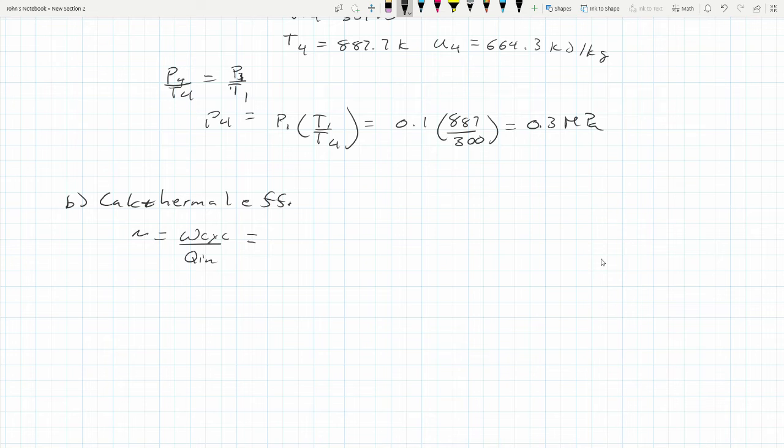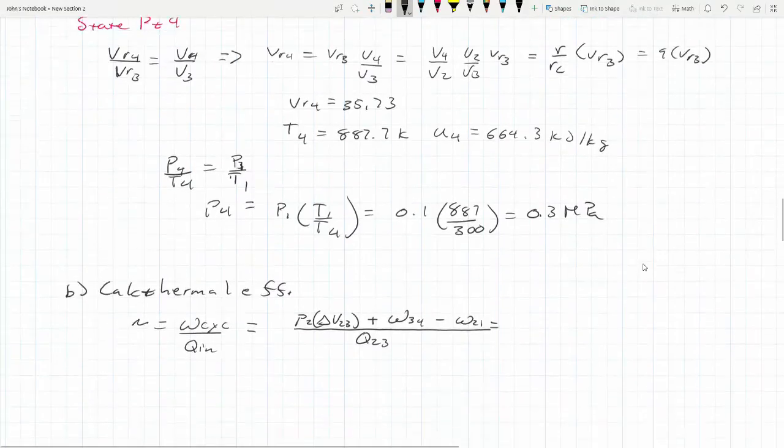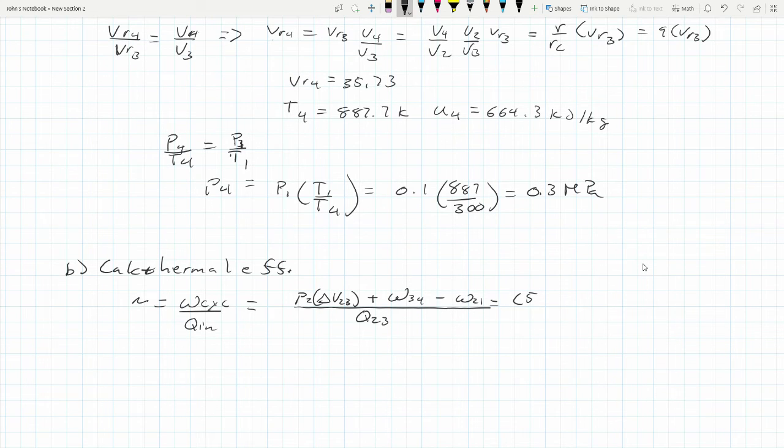Well, that's going to be the pressure of 2 times the change in volume of 2,3 plus the work done by 3,4 minus the work done by 2,1, all over Q23, which is equal to, what's the pressure at state point 3 again? 5.39. 539 kilopascals, because I have to convert to kilopascals, times the volumes, which I do not know. So that means this is going to get a little bit more complicated.